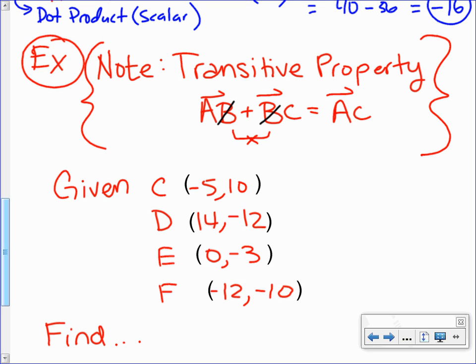Here's a picture of it. A, B, C, right? So here's vector AB, here's vector BC. That's the same thing as vector AC. So if they share the same middle, you're good.